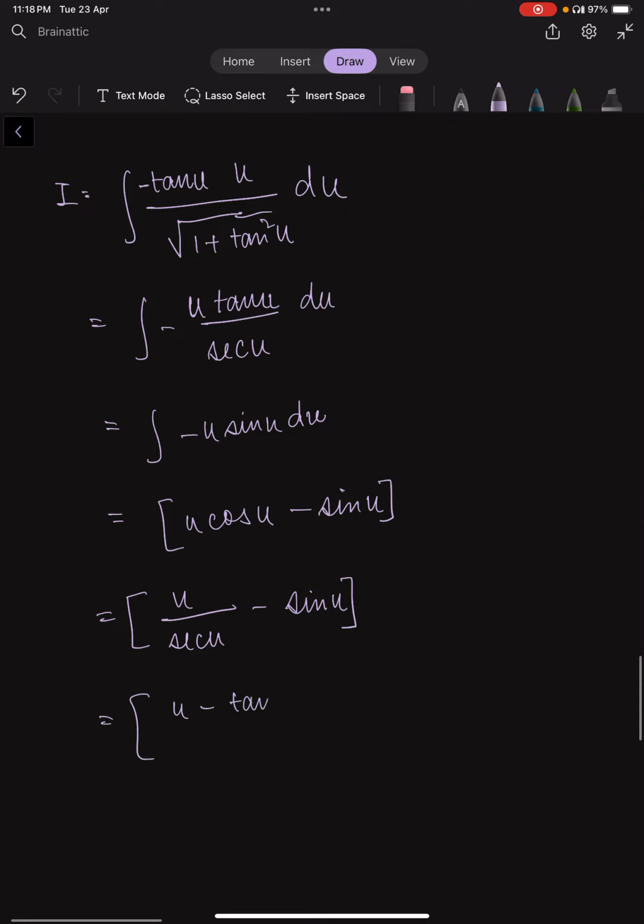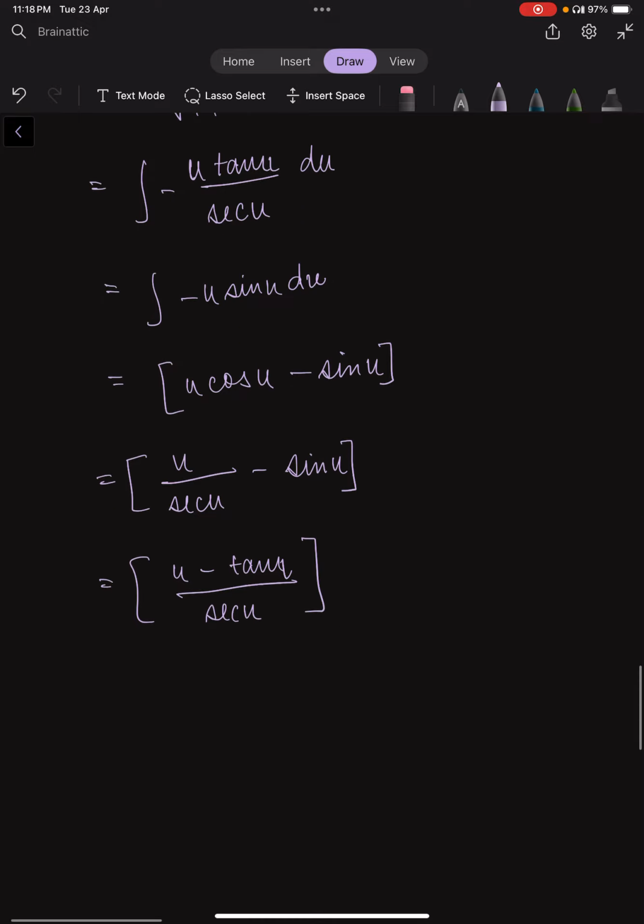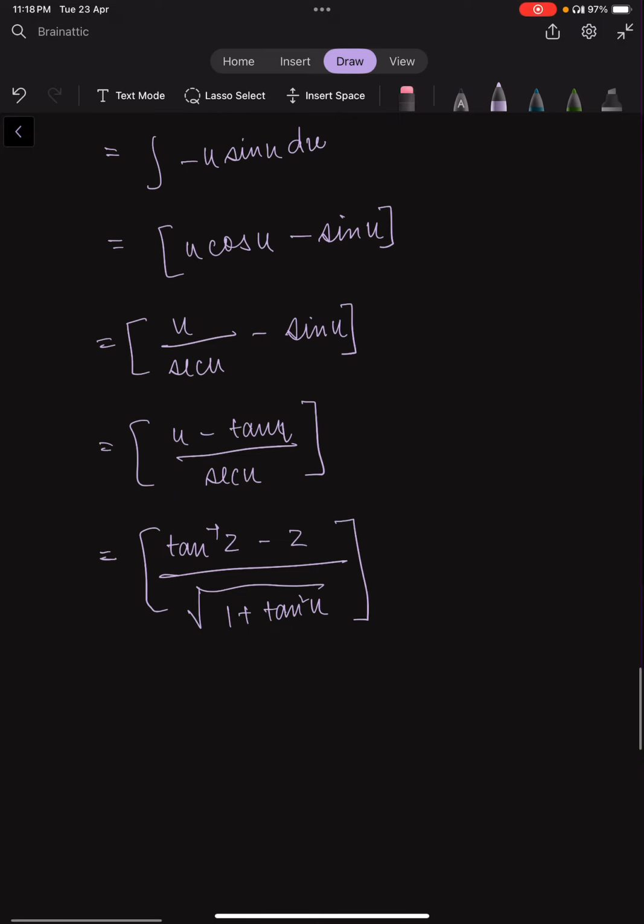So this becomes tan u by secant u. We know that u can be written as tan inverse of z. So we write this as tan inverse of z, and tan of tan inverse of z is nothing but z, and secant u I can write as root of 1 plus tan square u. Okay, so this tan square u is the only thing left to replace with z.